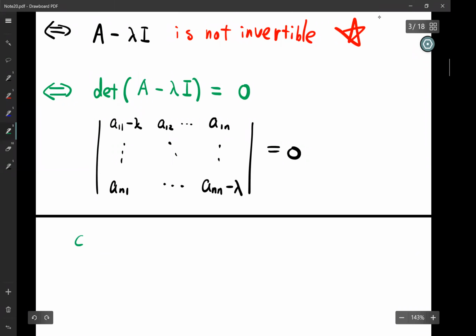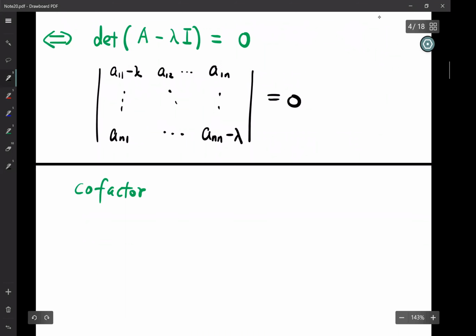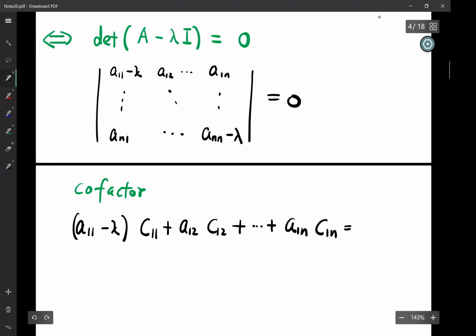Now I try to do a cofactor expansion. It looks like (A11 minus lambda) times C11, plus A12 C12, and so on, plus A1n C1n, equals 0, where, to be clear, all these cofactors, which are determinants themselves, also depend on lambda.